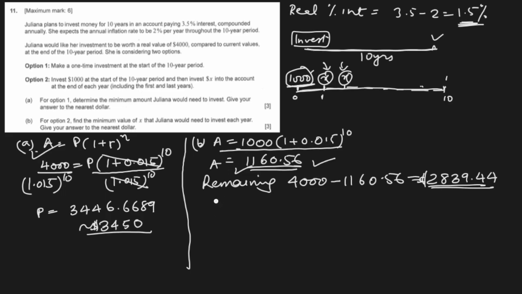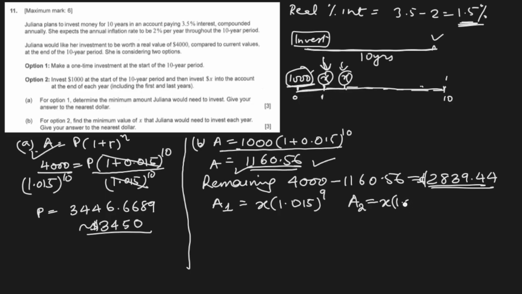Can I say that A1 will be the amount of this investment, this X she invests? So what will that be? X times 1.015 to the power 9 this time, correct? A2 will be the amount of the X investment at the end of 2 years, right?